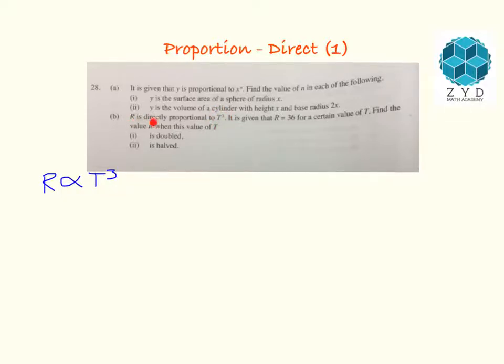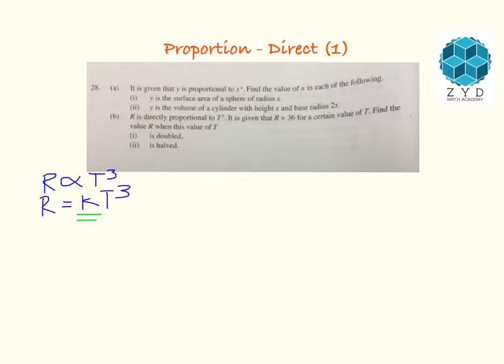So whatever the sentence says, I transfer back to this equation. Okay, so as always, following this statement is r equals kt cubed. We must have this, our partial general equation. It's partial because we do not have our value of k yet.